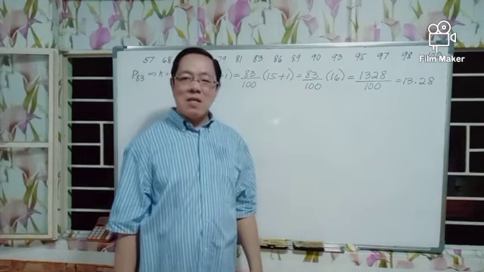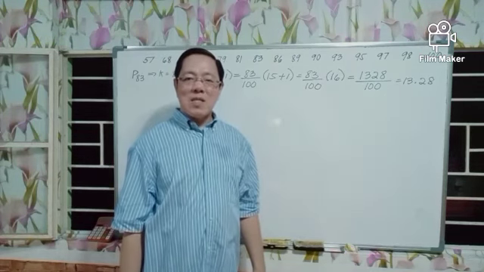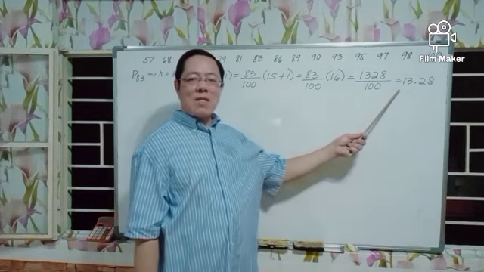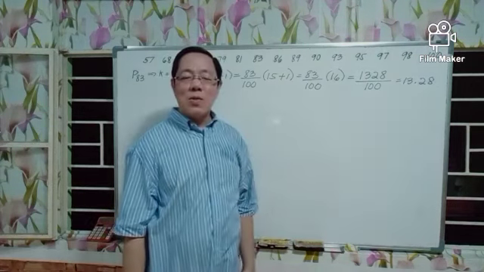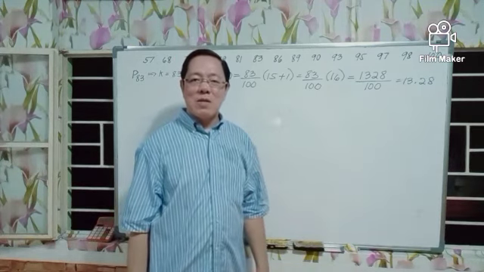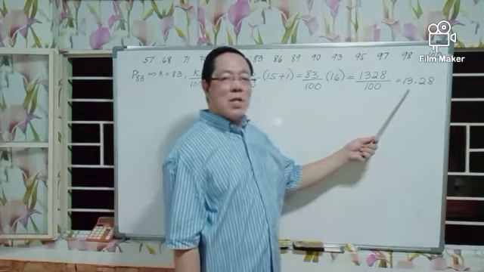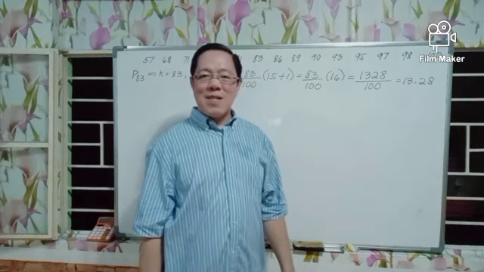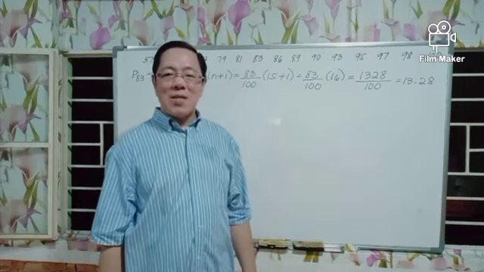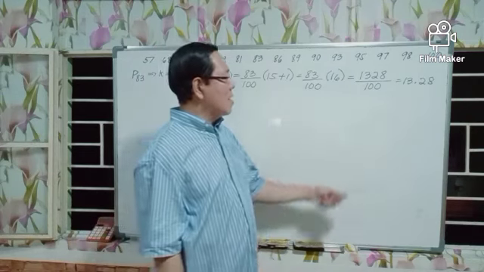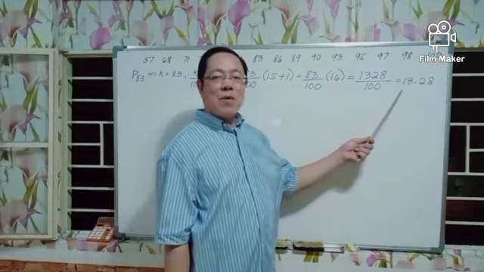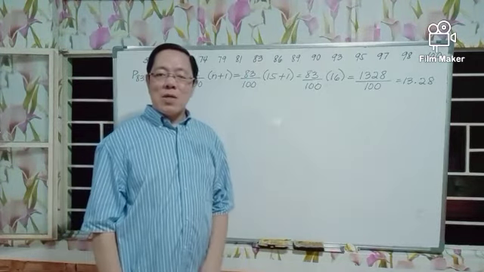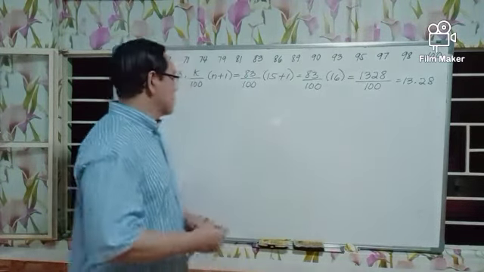The highest whole number less than 13.28 is 13, and the smallest whole number that is greater than 13.28 is 14. Thus, the 83rd percentile is between the 13th value and the 14th value in this ascending order of numerical values.